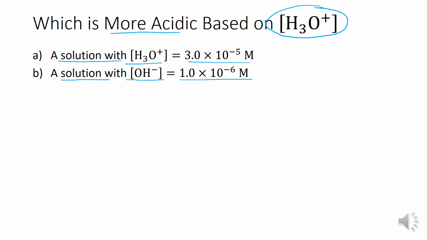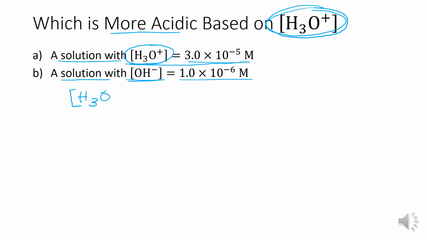Since we have to compare the two solutions based on the hydronium ion concentration, we don't have to do anything to the first solution, right? Because we already have it here. For the second solution, we have to calculate the hydronium ion concentration from the hydroxide ion concentration. And the equation that relates these two concentrations is this one.